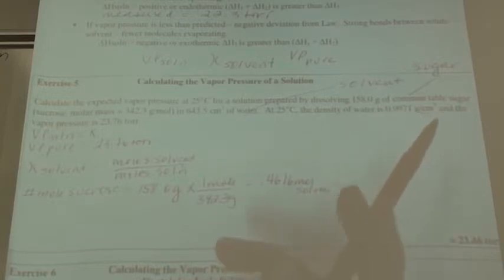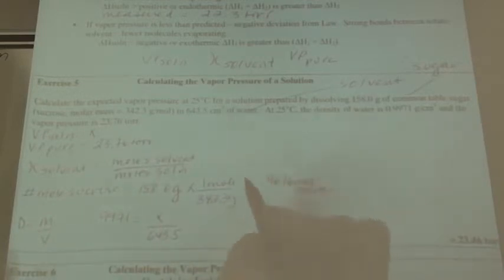Now I need to know the number of moles of my water. First I need to find the mass of water. I know that density is equal to mass over volume. I know that the density at that temperature is 0.9971, and so I'm looking for the mass when the volume is 643.5 cubic centimeters. I didn't do that math.